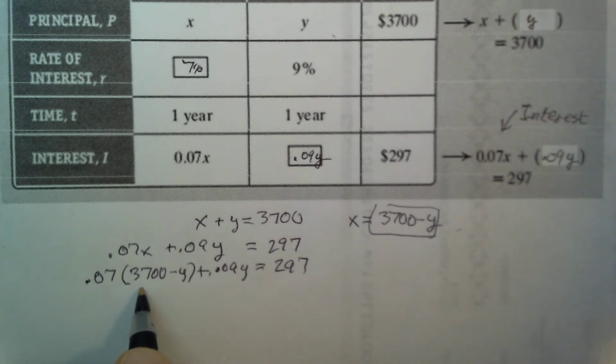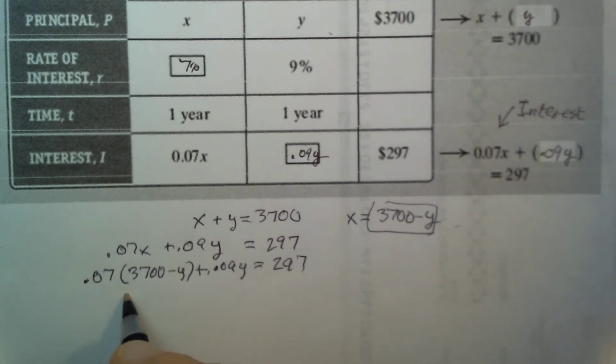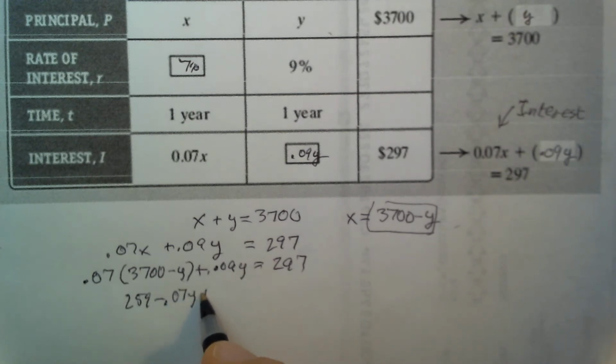And 0.07 times 3,700 is 259 minus 0.07y plus 0.09y equals 297.